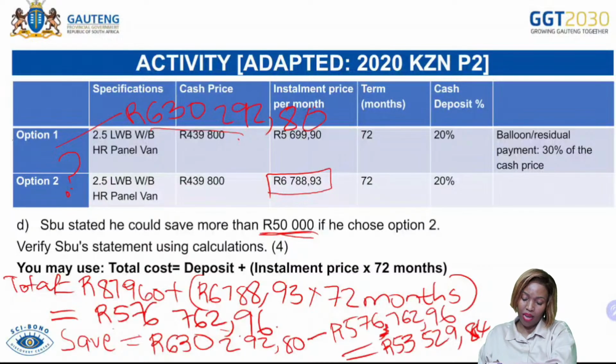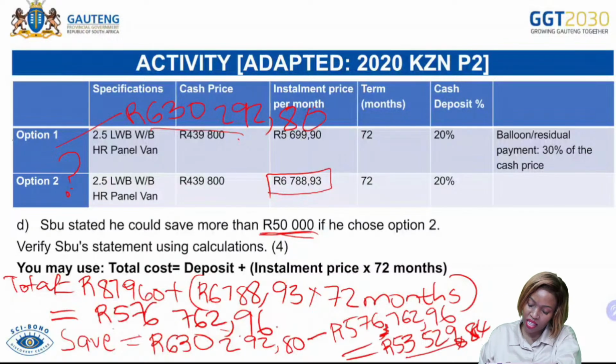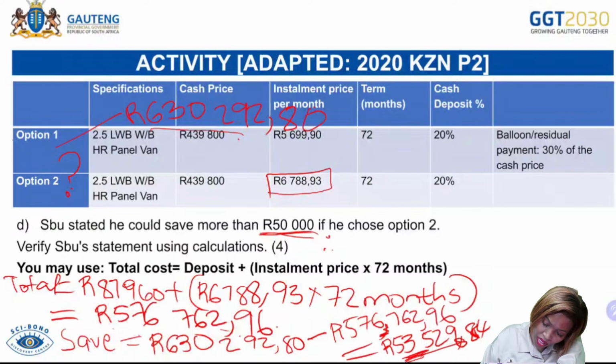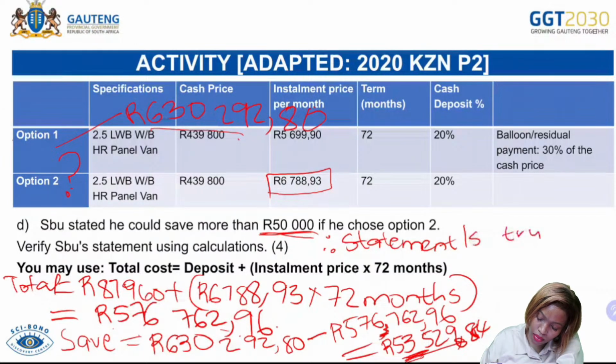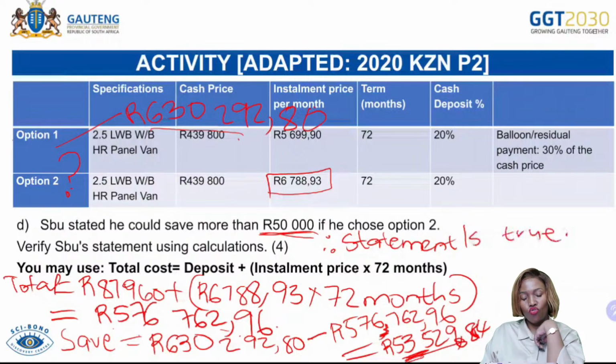So this is the money that he will save. Let us see what the claim was. He stated that he could save more than 50,000, and he is currently saving 53,000. What do we say? We say therefore the statement was true. The statement is true.